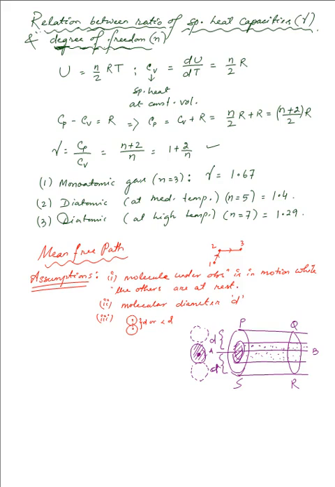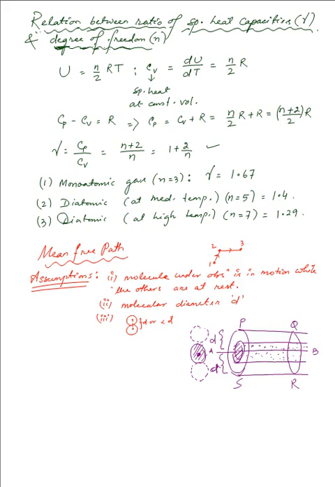That molecule travels with a speed c, not necessarily the velocity of light, but the root mean square speed that we have usually been denoting with the letter c.